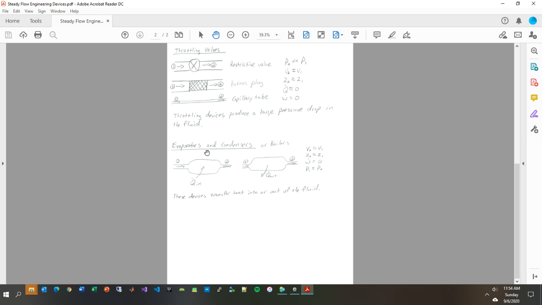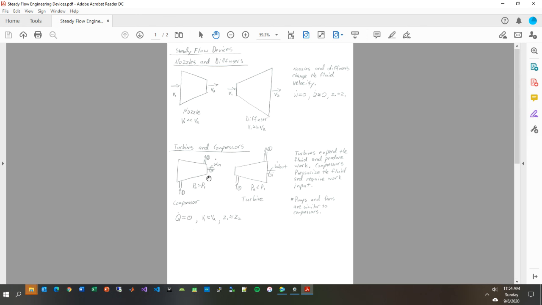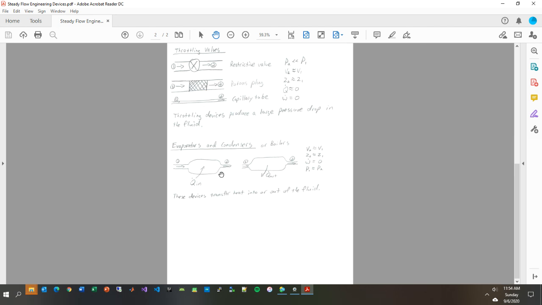And then you just have the evaporators and condensers. Essentially, these can be thought of as the complementary device to the turbines and compressors, except where turbines and compressors input or extract work, here we're inputting and extracting heat.